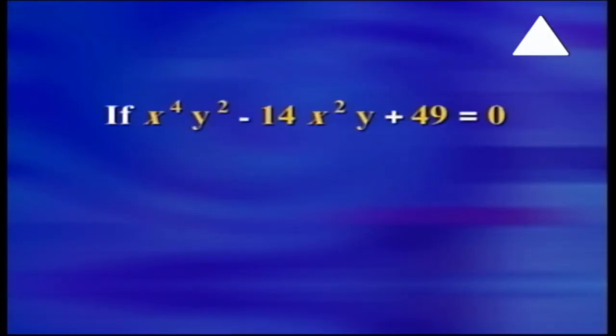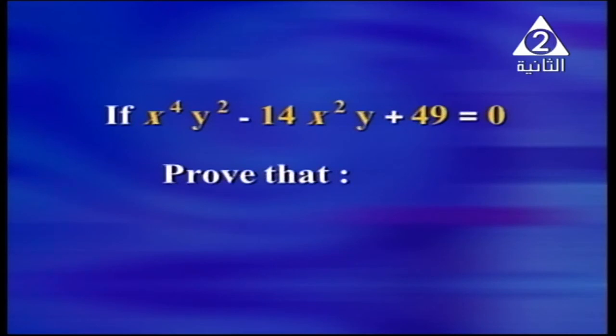If x to the power of 4, y to the power of 2, minus 14 x to the power of 2 y, plus 49 equals 0, prove that y varies inversely as the square of x. First of all, by factorizing such an equation, we are going to find that there will be two brackets.